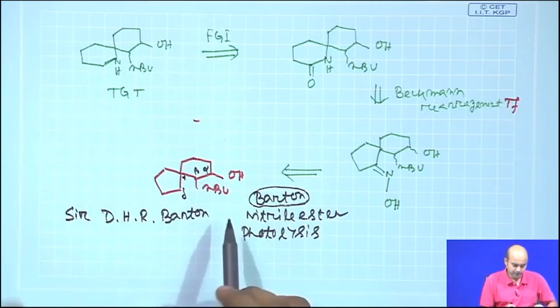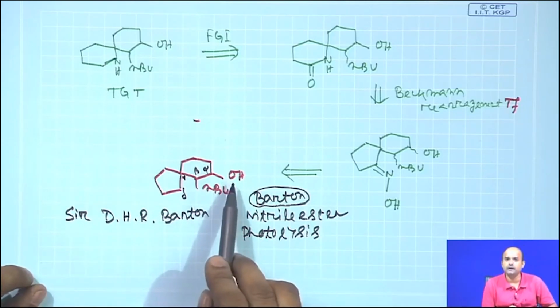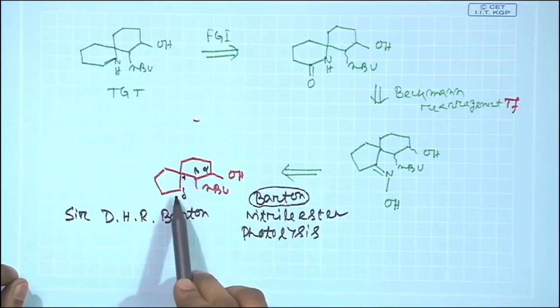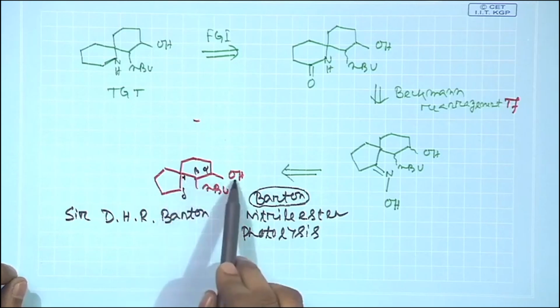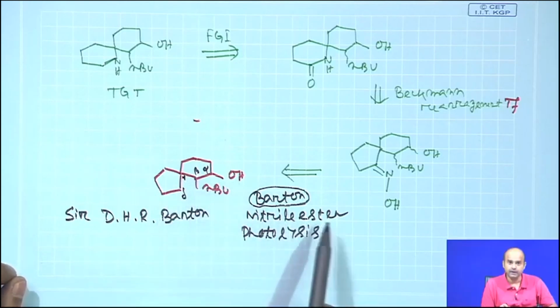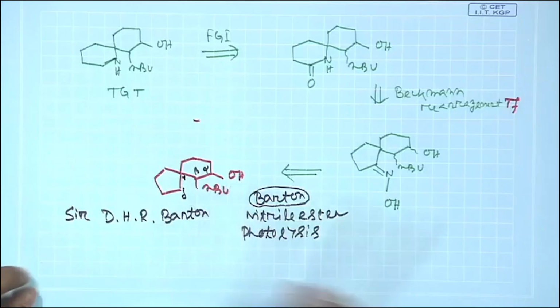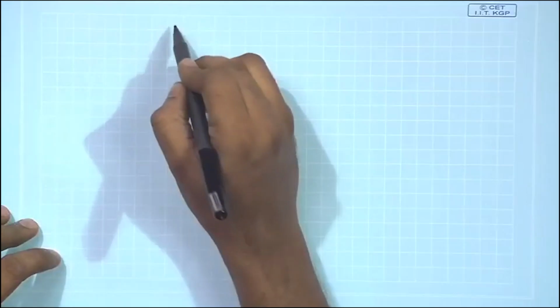Now, this reaction is basically a remote functionalization of a molecule. Here, alpha, beta, gamma, delta is a delta functionalization, and nitrite ester means that you need to have a nitrite ester of the corresponding alcohol.